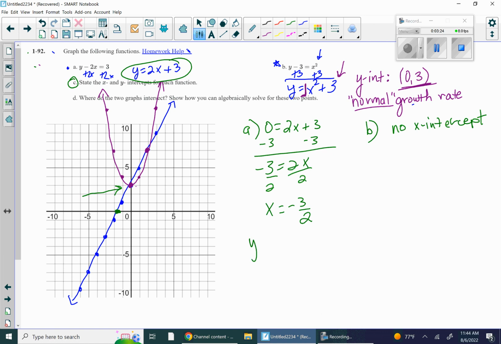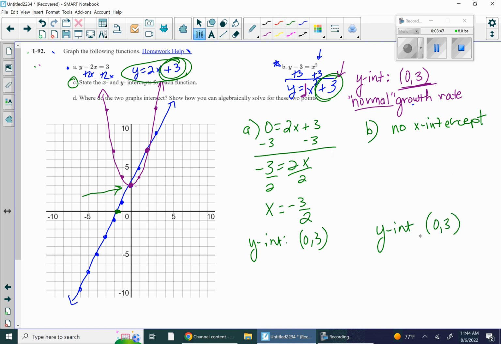So the y-intercept is at 0, 3, and that is actually quite obvious right here. And the y-intercept for function b, when we rewrote it, is right here. It's always the b value in a linear equation and the c value in a quadratic equation. So the y-intercept here is also 0, 3.